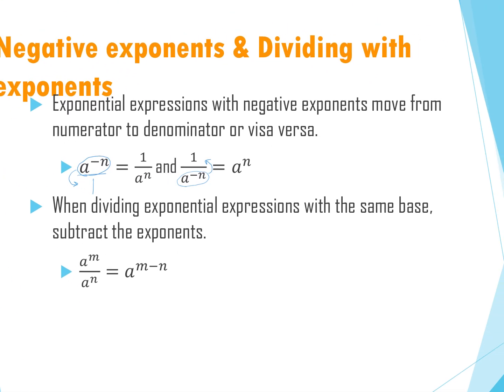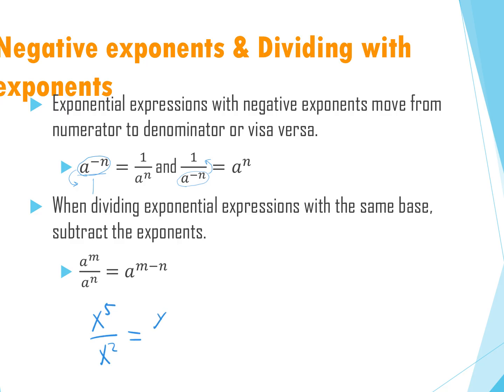All right, now, when you're dividing exponential expressions with the same base, you subtract the exponents. So just like when you multiply, you add. When you divide, you subtract. So if I have a to the m over a to the n, you just subtract: a to the m minus n. So take something like x to the 5th over x to the 2nd, for example. What is this the same as saying?